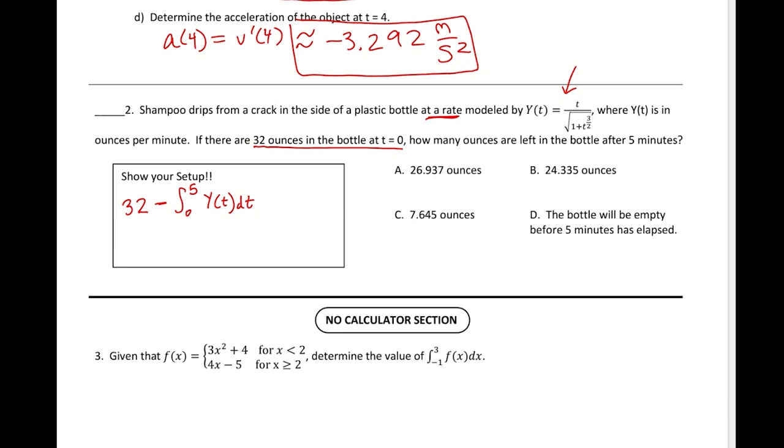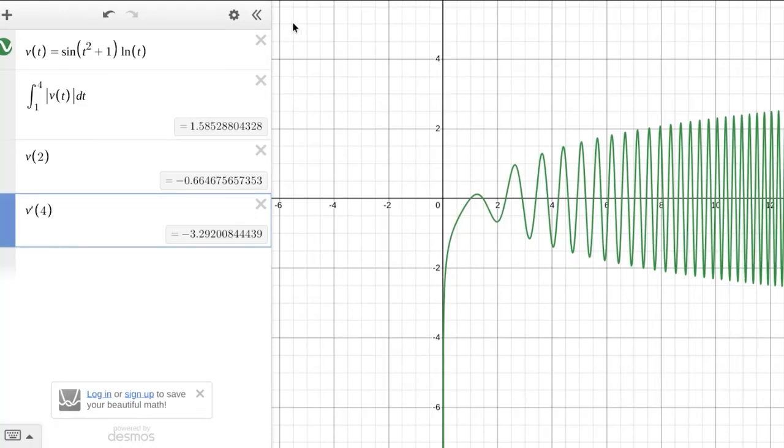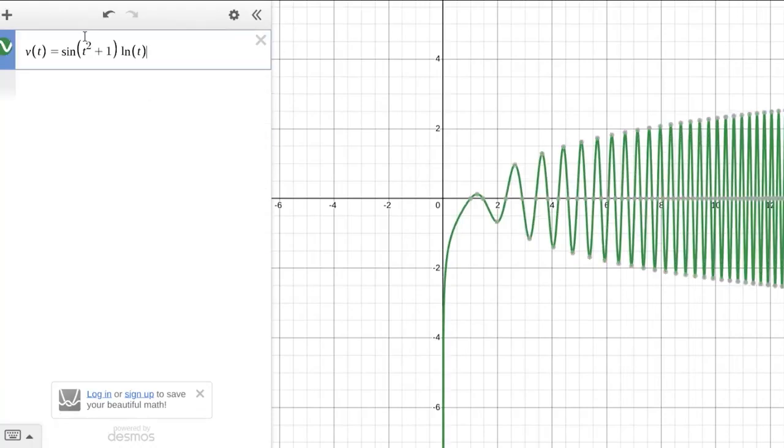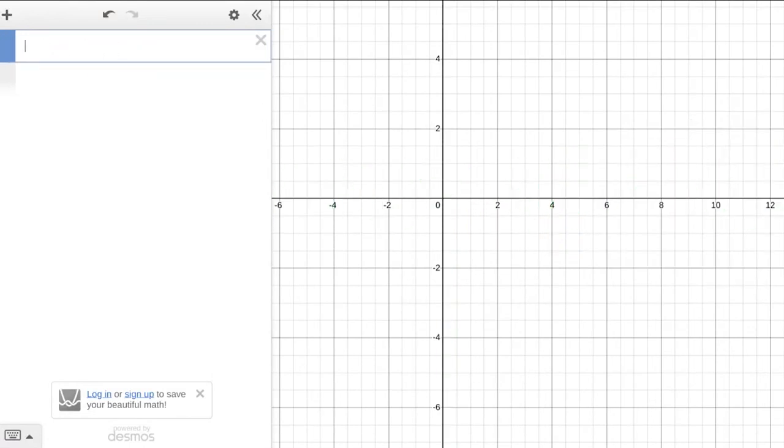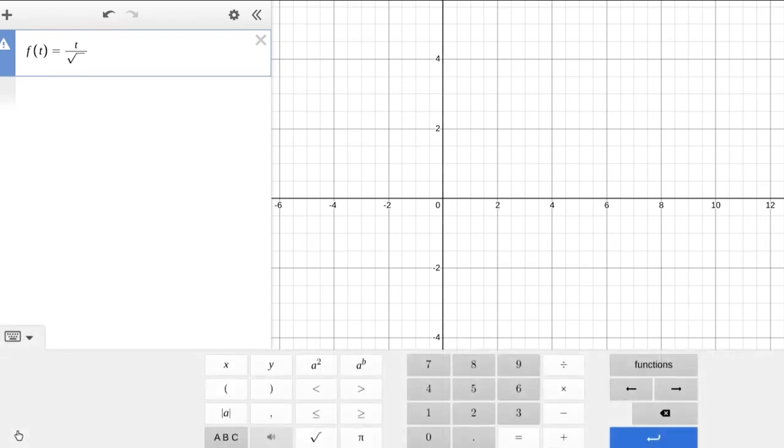We're going to go over to Desmos to type in that y function. We're not going to try to deal with that by hand, and we're going to let it calculate this value. Let's go over here. I'm going to just delete all this other stuff. We don't need that anymore. And we're going to call this y of t. So I'm just going to call it f of t. Maybe we go back and see if you can actually use y, but I'm not so sure there. So t divided by the square root. You could do sqrt for square root, or just go down here to the keyboard and go over right here.